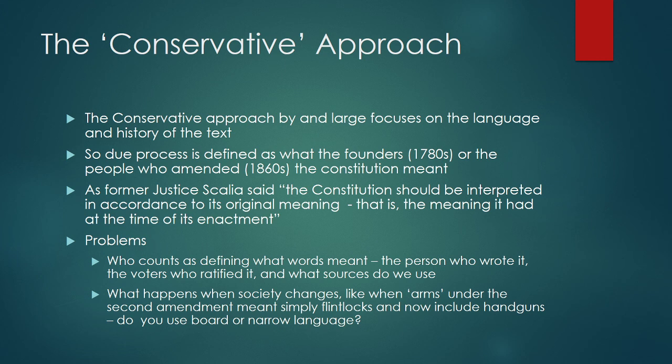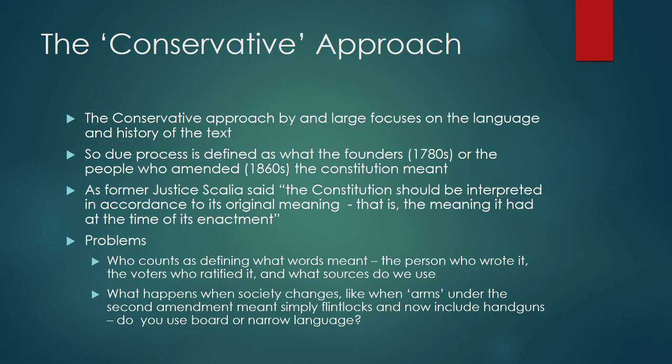When you say you want to go back and define what due process means, so let's go back to the original Fifth Amendment. The Constitution of the United States was drafted by dozens of people and was written, most people say by and large, by James Madison. So let's suppose you could claim that Madison actually wrote out the Fifth Amendment. Well, do we say, well, what did Madison think it meant?